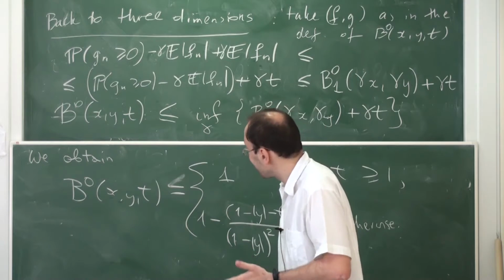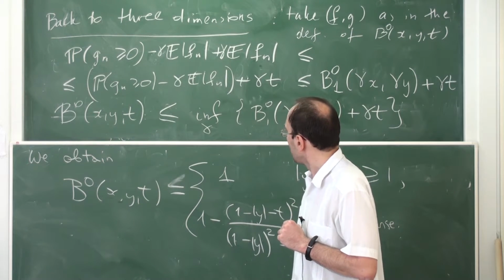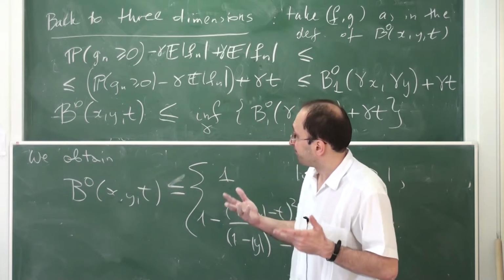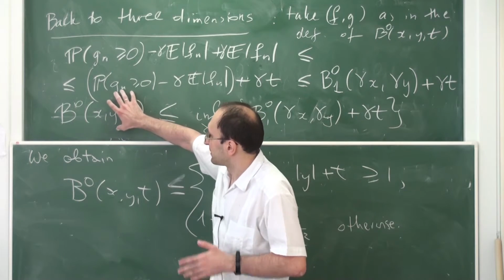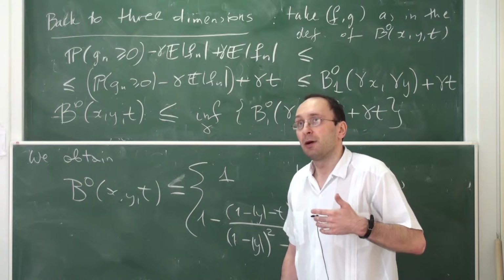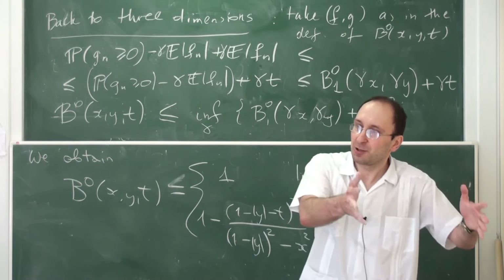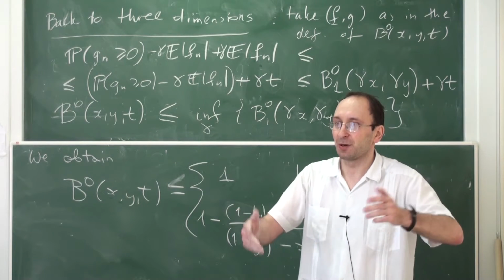In a sense, when you pass from this three-dimensional Bellman function to this family of simpler Bellman functions, it's efficient to take this family large, in order to have plenty of extremizers.